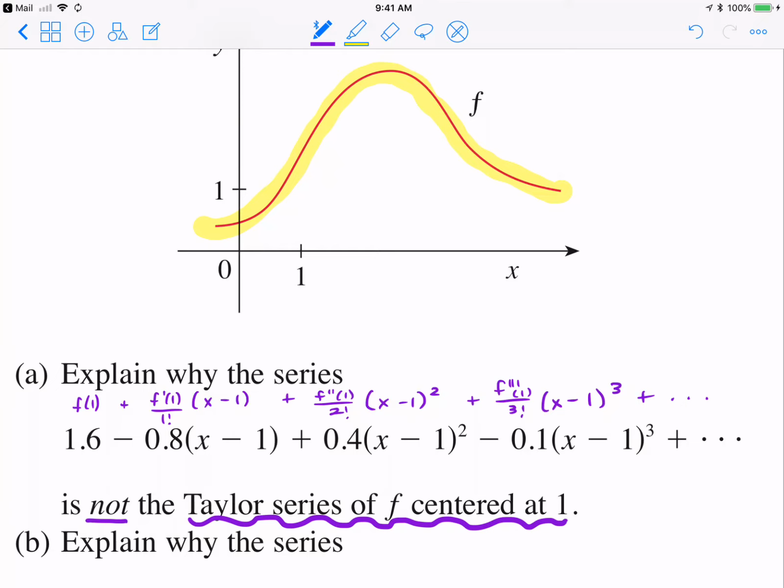So let's look and see. Could these match up?